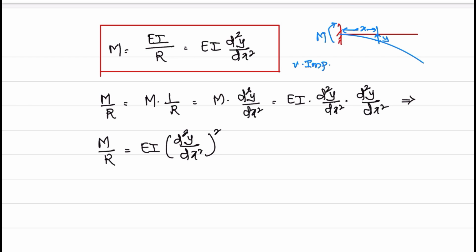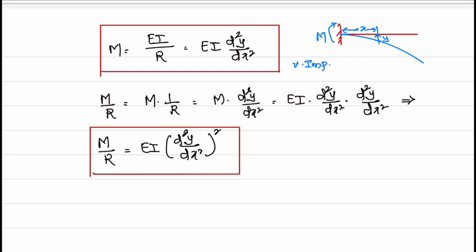This is another important equation. The relation between the moment and the ratio of moment to radius of curvature is equal to EI into d square y by dx square whole square. This is the ratio of bending moment by radius of curvature.